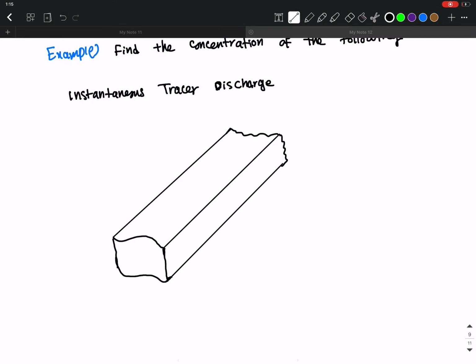And then here we have the tracer release.